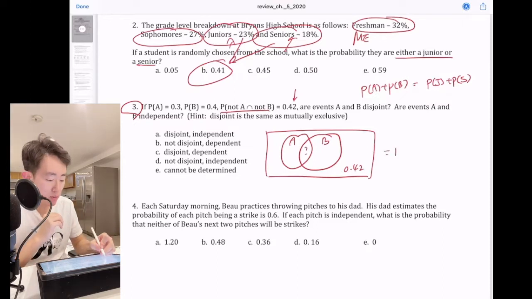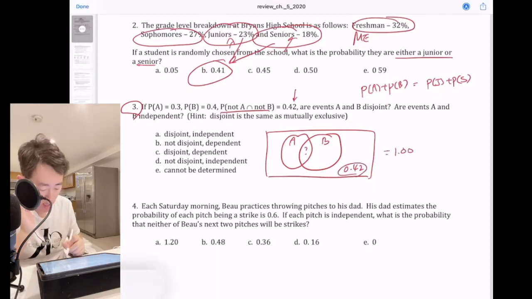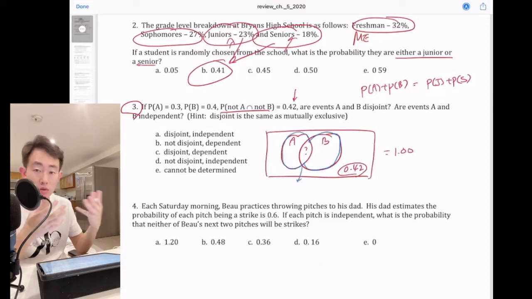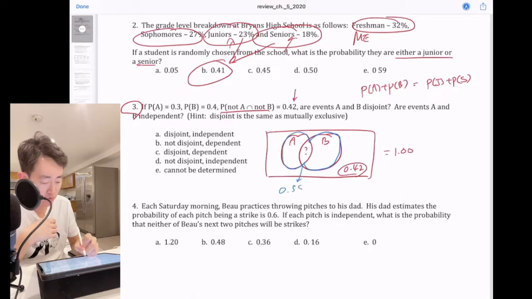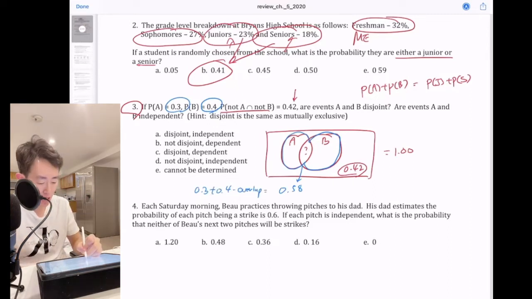If you know the valid probability model adds up to 100%, and the non-part of the Venn diagram is 0.42, that means these two circles in the Venn diagram have to add up in total to 0.58. Now you know that 0.3 plus 0.4 is way above 0.58, which means minus the overlap should give you the 58%. That's A or B happening.